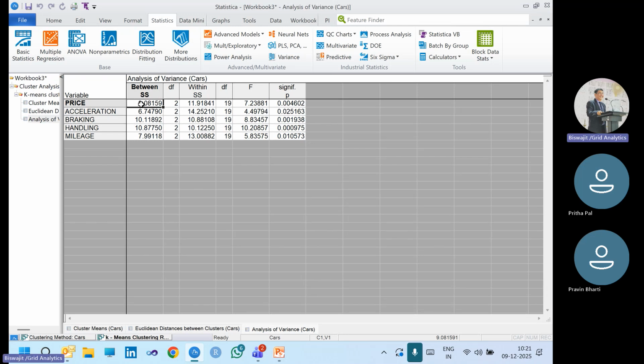Under that, I get the between sum of squares, degrees of freedom, within sum of squares, degrees of freedom, F and p. What I can observe here, by getting a p value less than 0.05, is which of the variables or features contribute the most in identifying the different types of car. So here I can see all the variables are important to build a cluster.